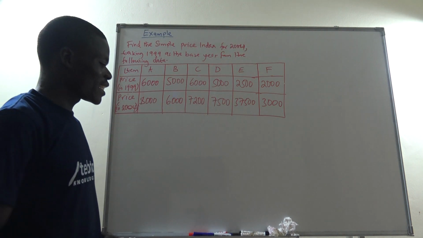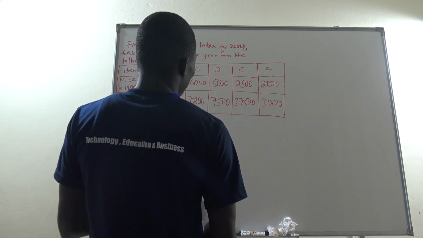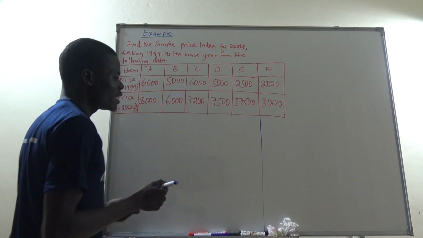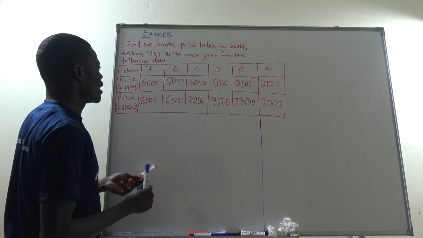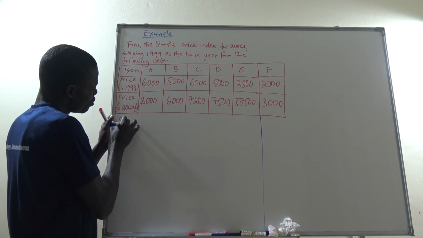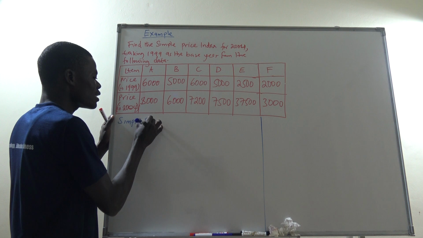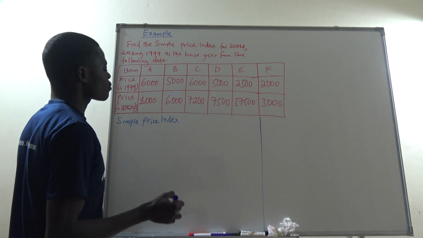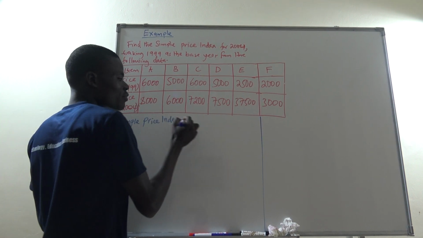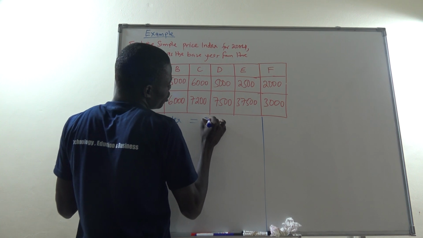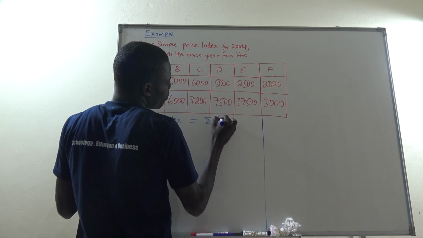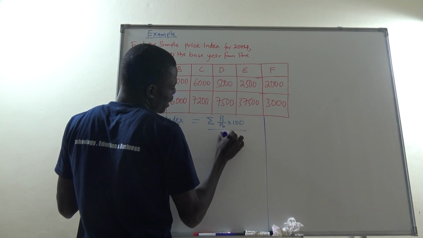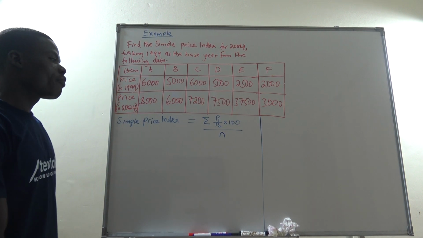What you should first note is, how do we find the simple price index? You should remember that in most cases the simple price index is the same as the simple average price index, which is given by the summation of P1 out of P0 times 100 divided by N. That is our simple price index.